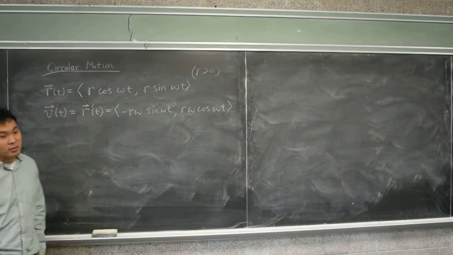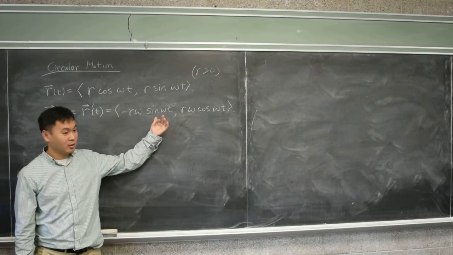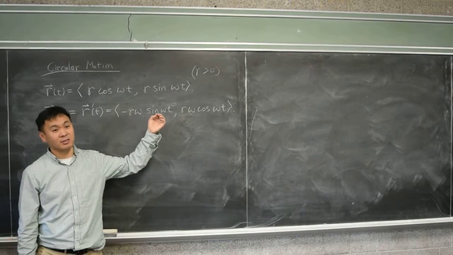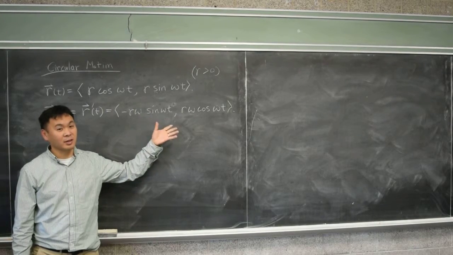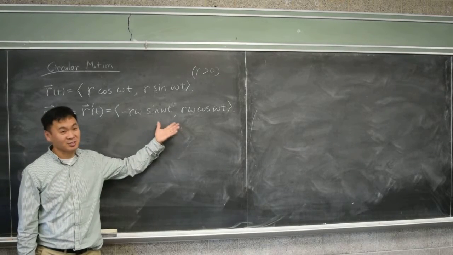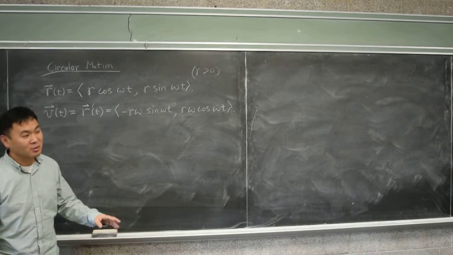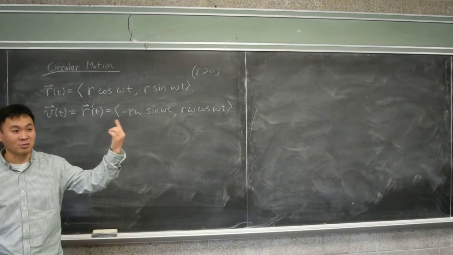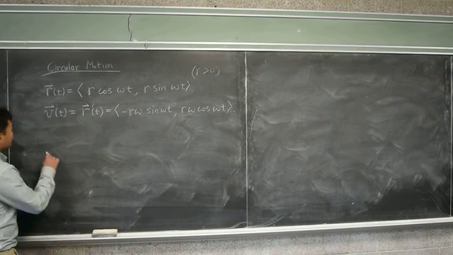Okay, so that's the derivative. Is this a constant vector? Is the velocity constant? No, because it's a function of t. It changes, right? So the velocity is not constant. Of course, we're thinking about circular motion. The direction is always changing, so it can't be constant velocity.